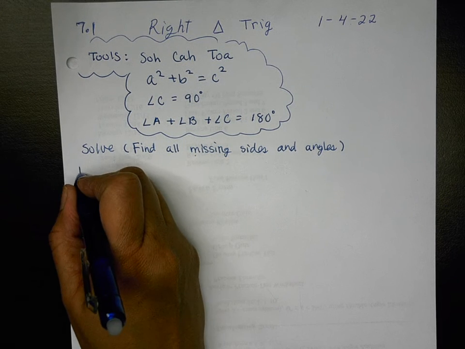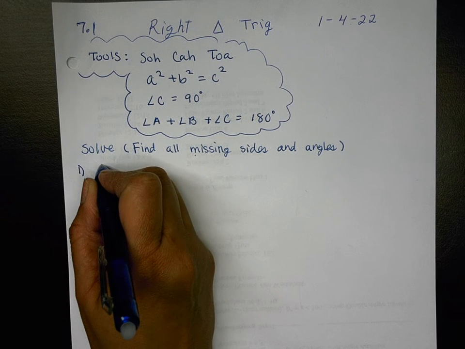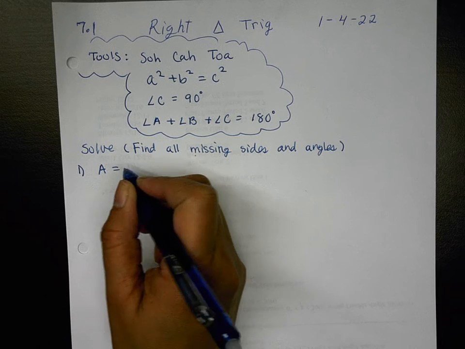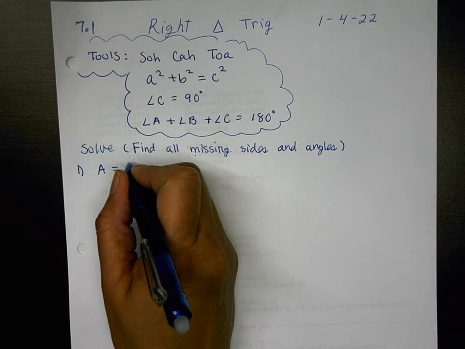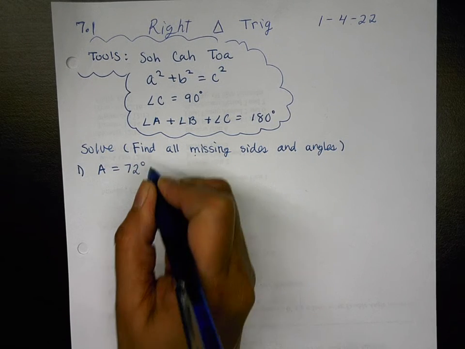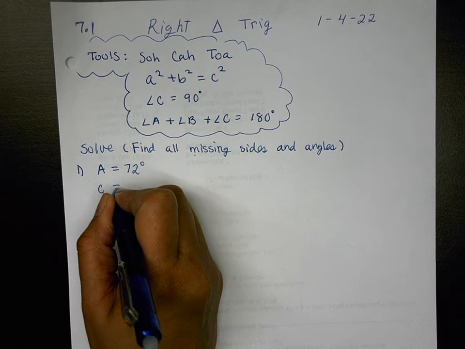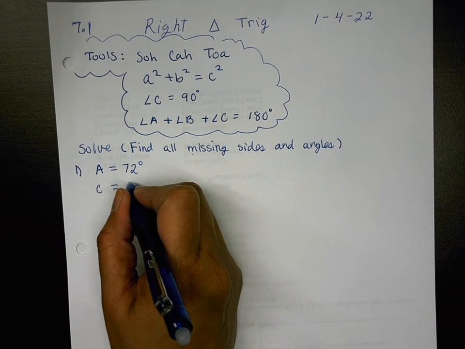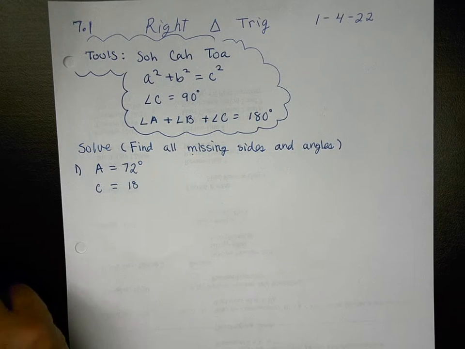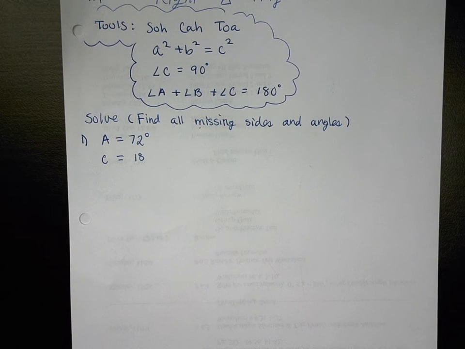Okay, number one, A equals 72 degrees and C equals 18.